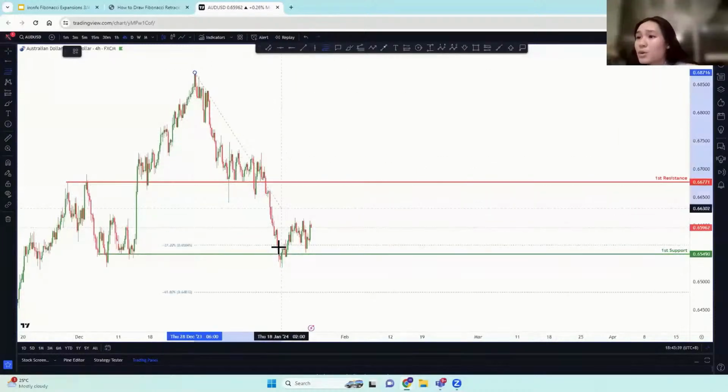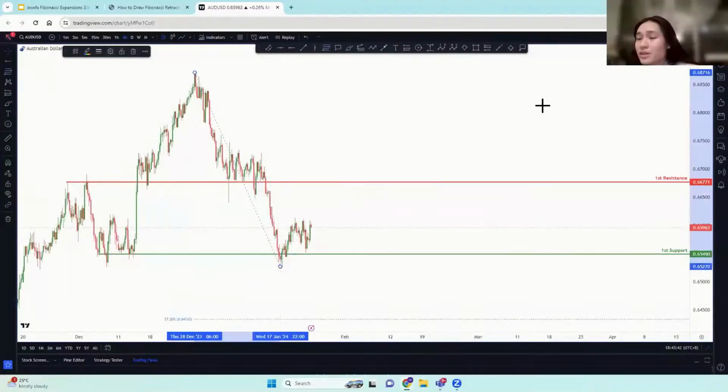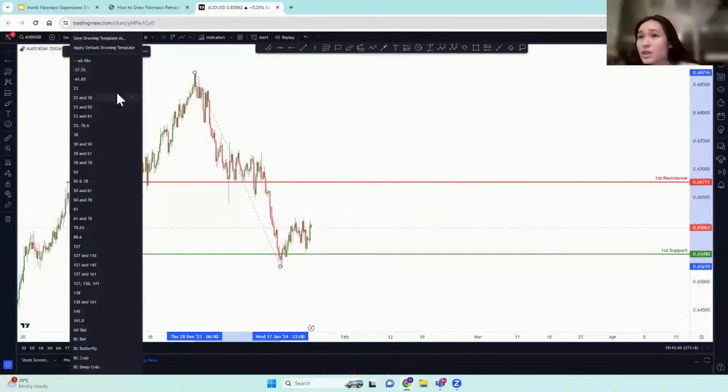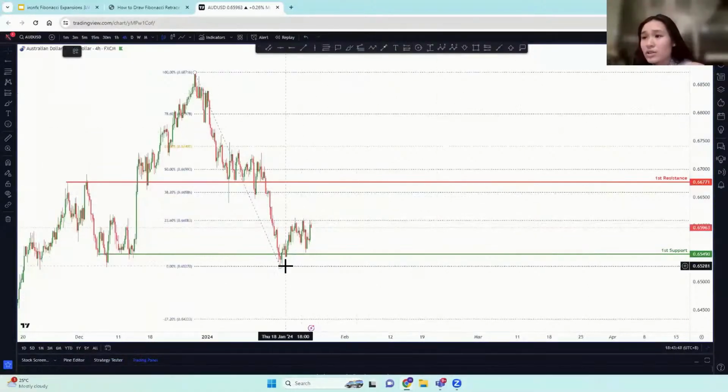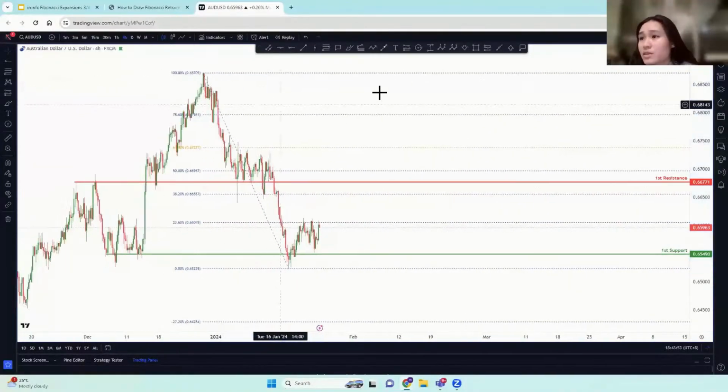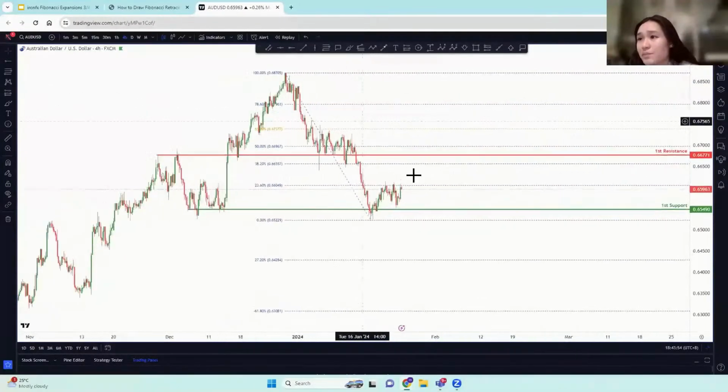Okay, going in once again with our retracement level. I like to just look at all the Fibonacci levels first, and then see what matches up.